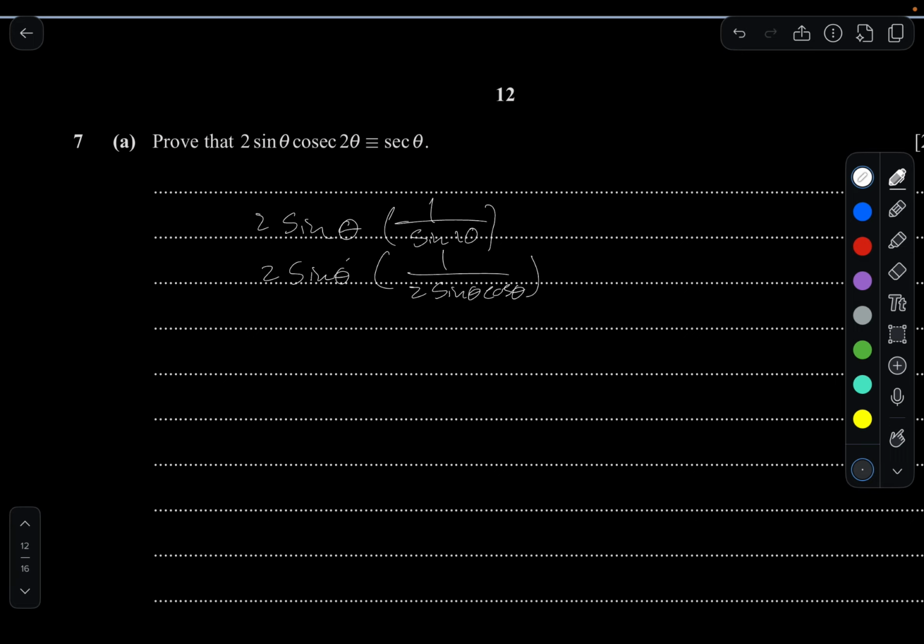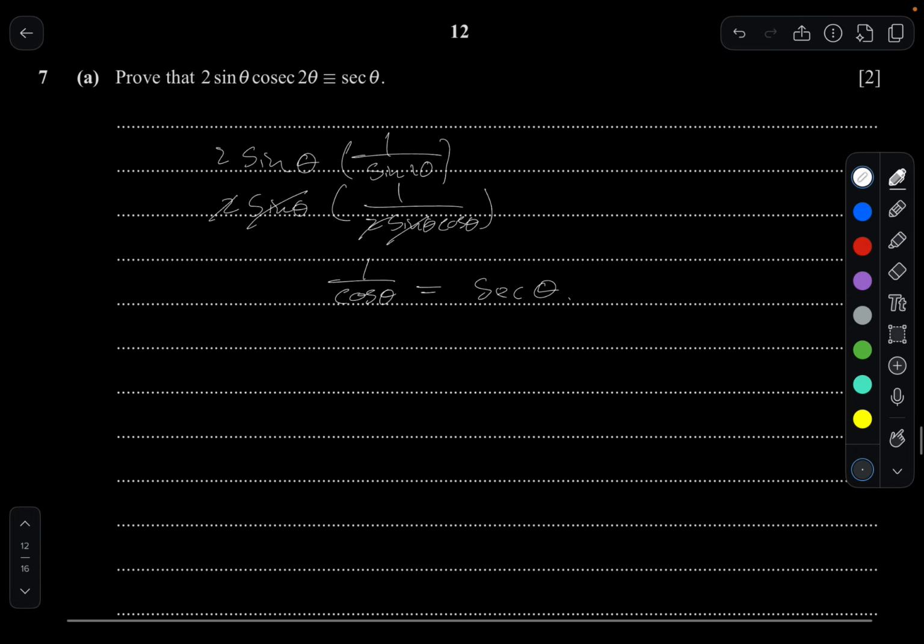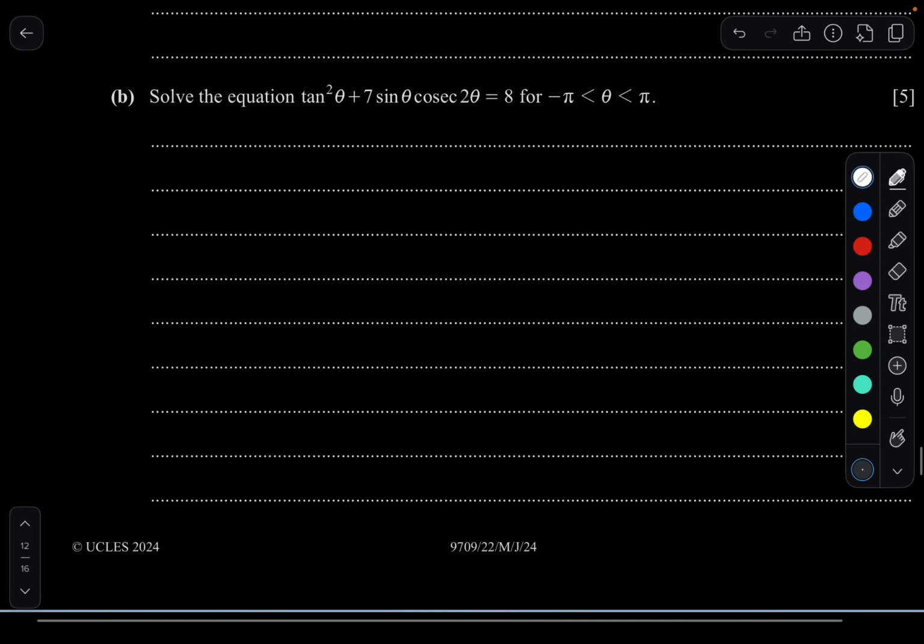And this sine will cancel out with that sine, and that 2 will cancel out with that 2. We're left with 1 over cos theta. And 1 over cos theta gives us what? Sec theta. That's the 2 marks that they ask you there.